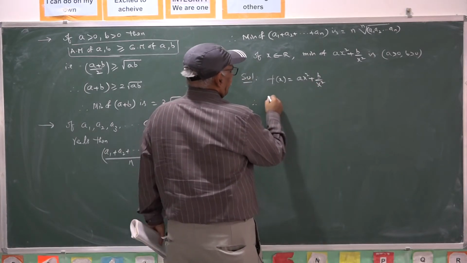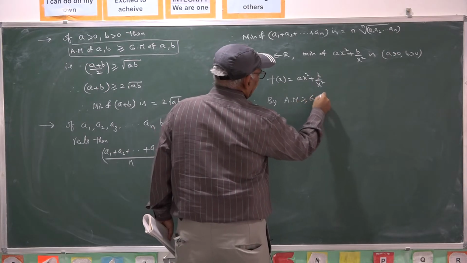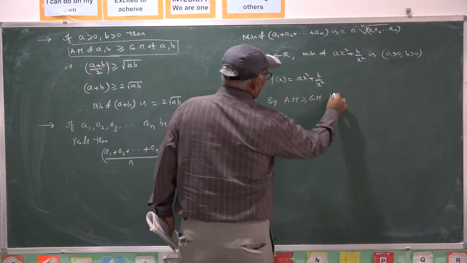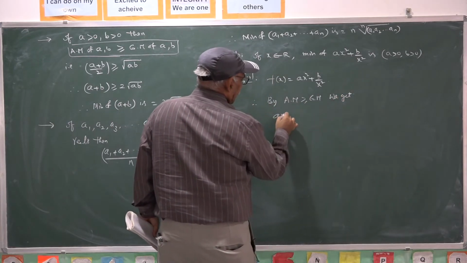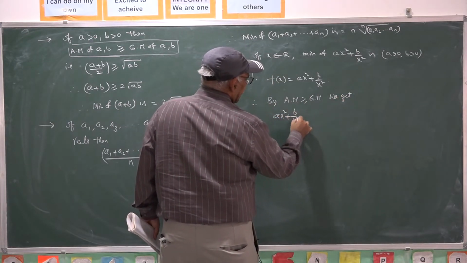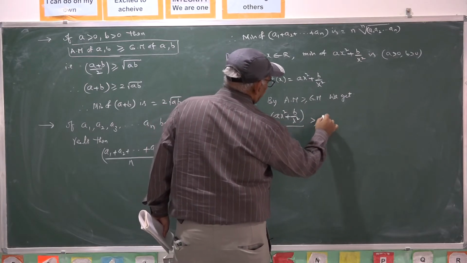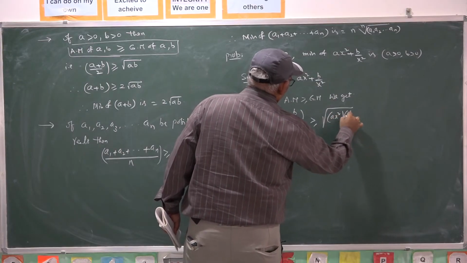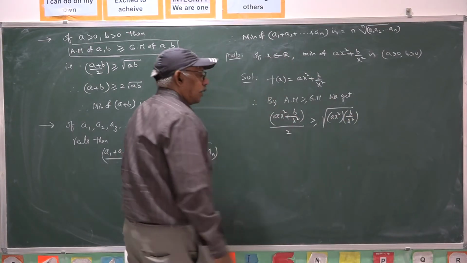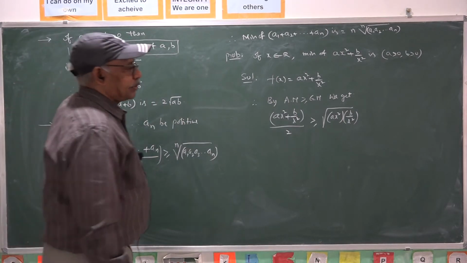Therefore, by the arithmetic mean being greater than or equal to the geometric mean, we get (a x square plus b by x square) by 2 is greater than or equal to their geometric mean, which is the square root of a x square into b by x square.